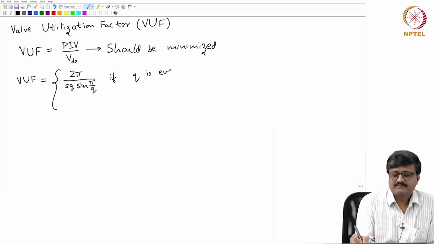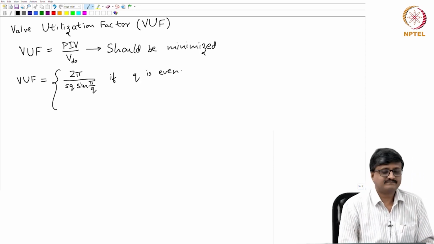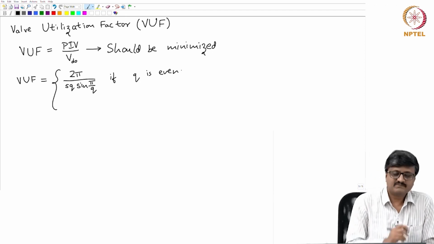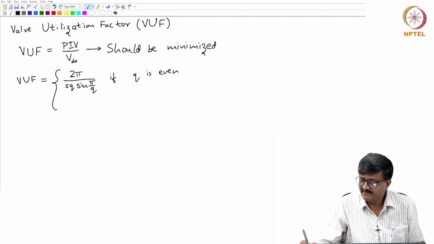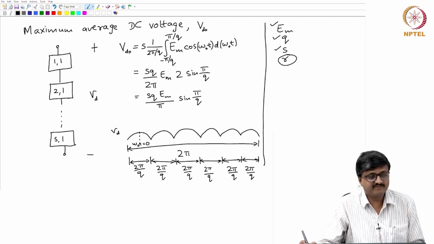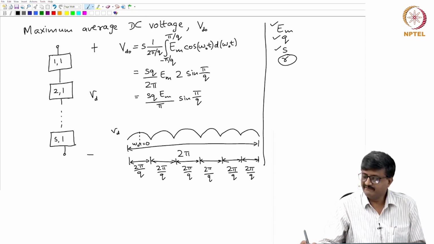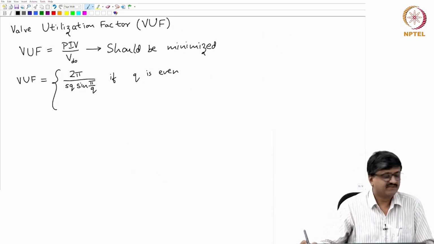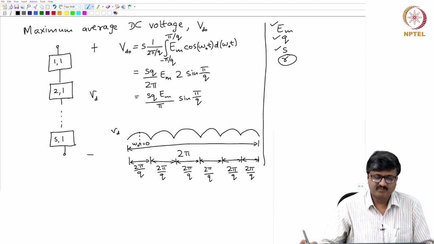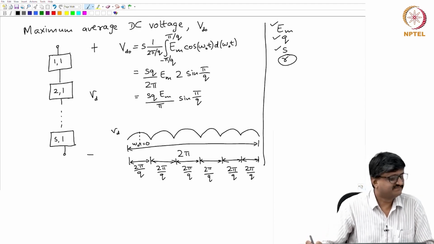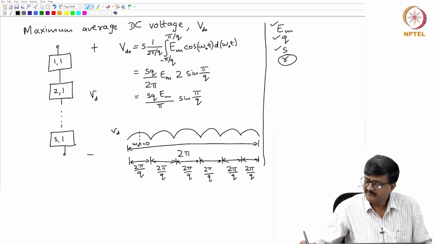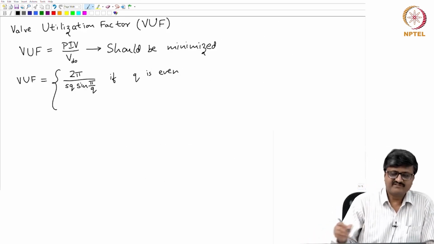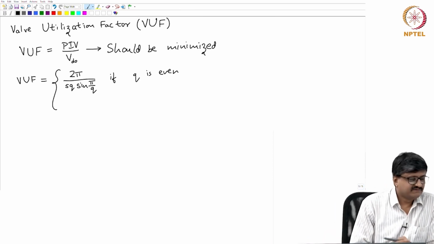Is that okay? Just in the previous page we got the expression for VDO, and for Q equal to an even integer, it is 2 EM. There is an EM in both expressions that gets cancelled. So, what we get for VUF is this expression if Q is even.